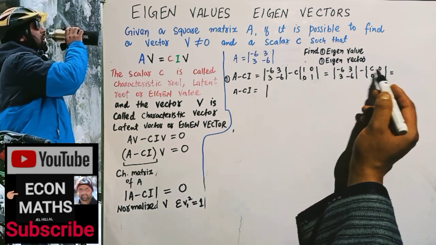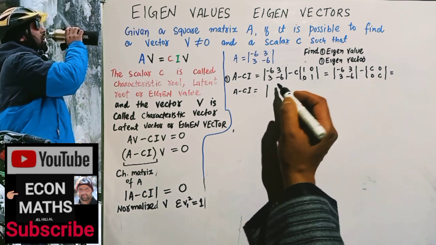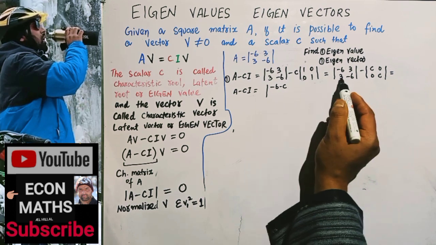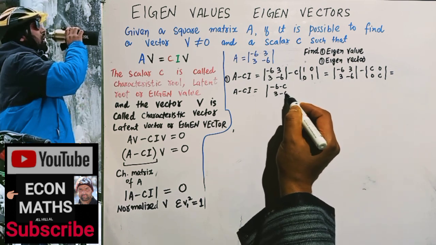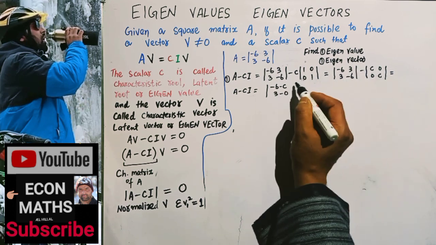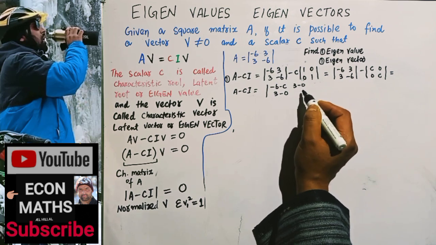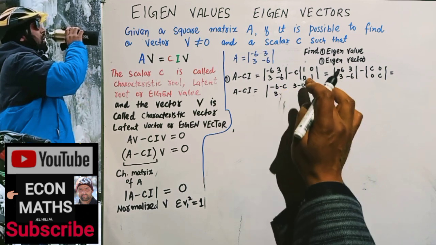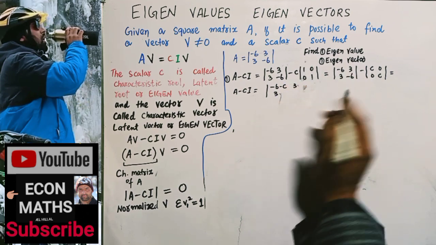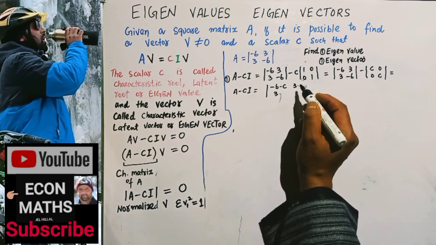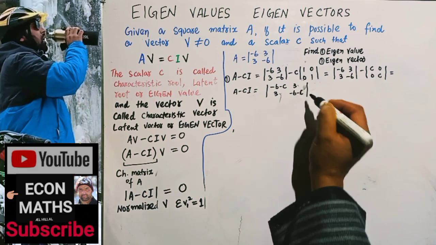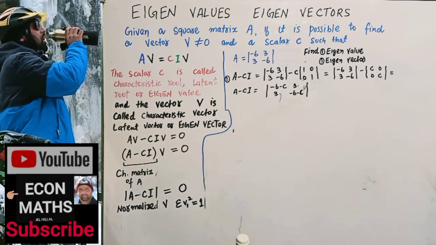Subtracting this matrix from the square matrix, we have minus 6 minus C, then 3 minus 0, which is 3, again 3 minus 0 which is 3, and 3 minus 0 is 0, so again we have minus 6 minus C. This is our A minus CI matrix, the characteristic matrix.